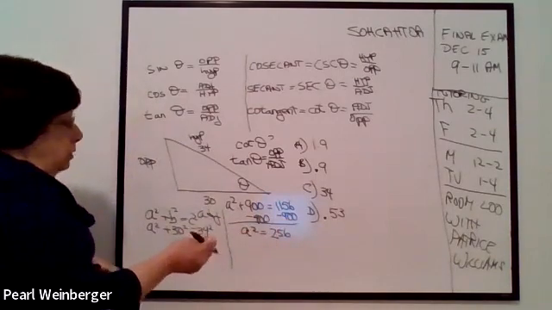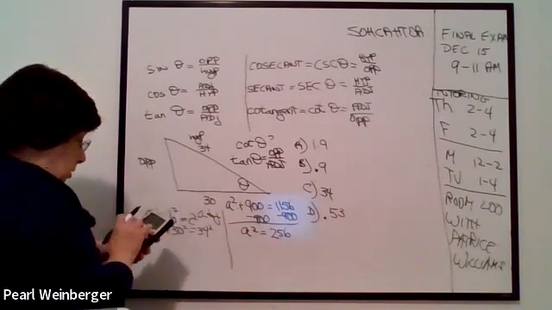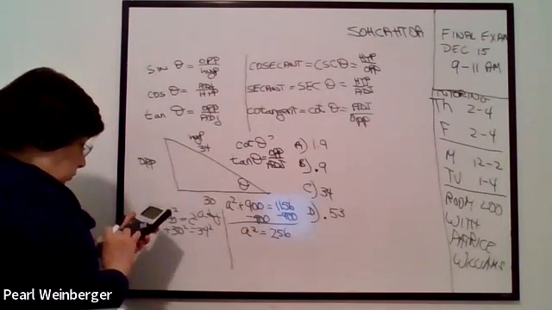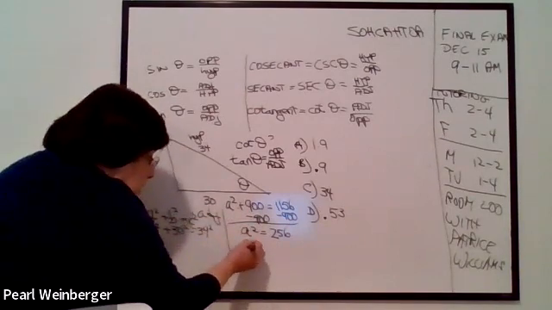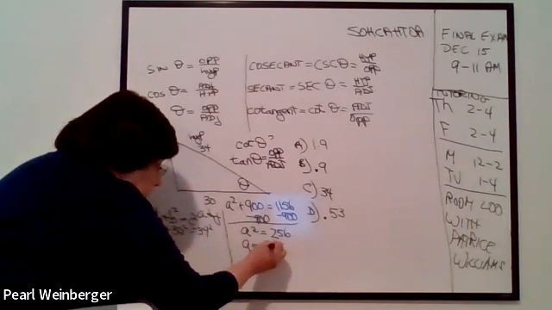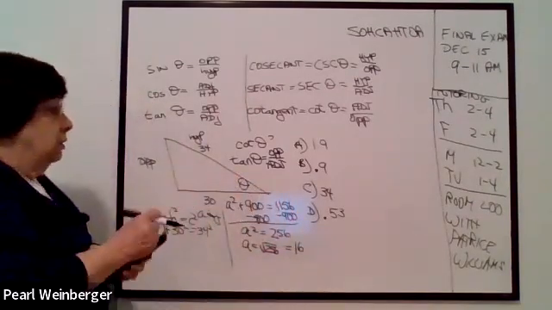I'm not so familiar with that, so I'm going to check, is that a perfect square? So I'm going to do the square root of 256 and see what happens. And guess what? It comes out to be the number 16. It is a perfect square.